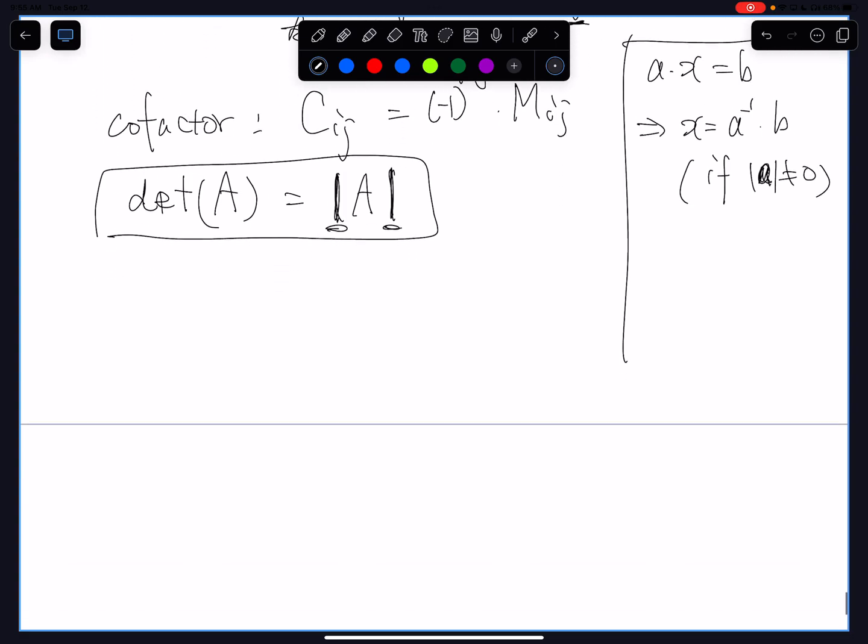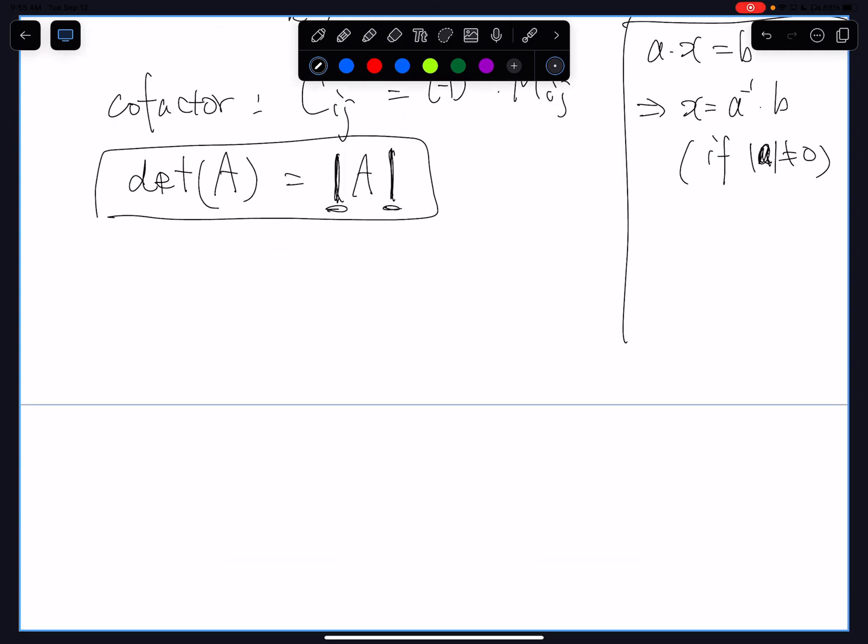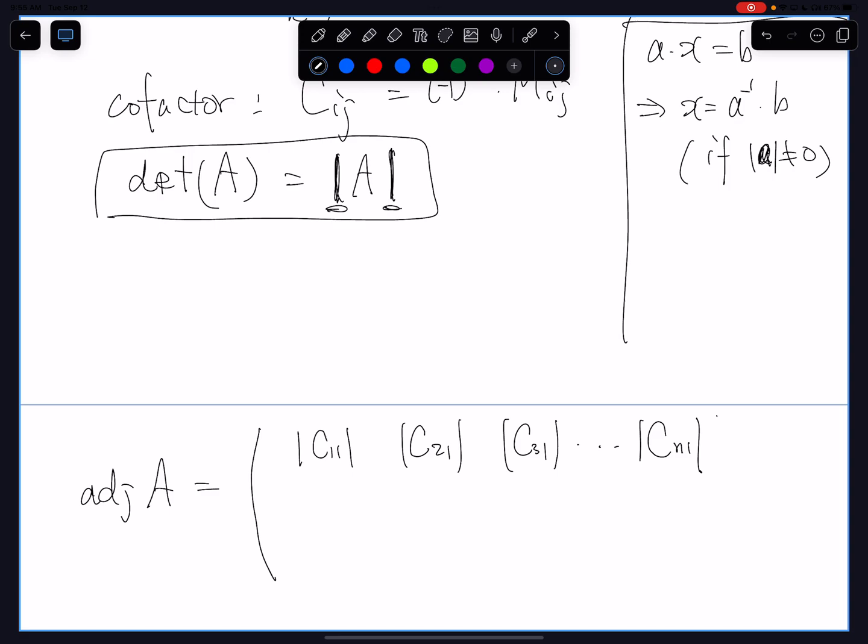All right, so the adjugate matrix of A is a matrix of C11, C21, C31, ..., CN1, and C12, C22, C32, and so on.